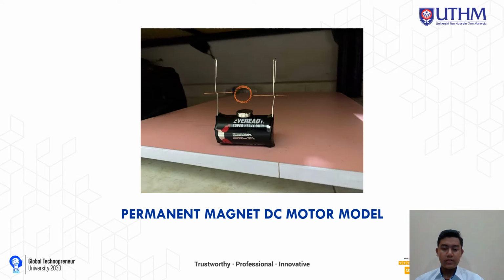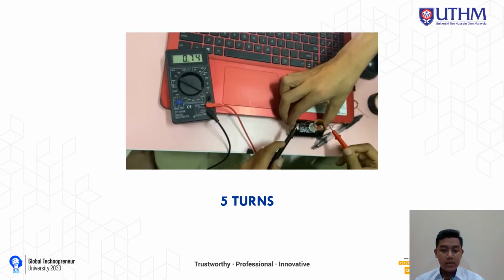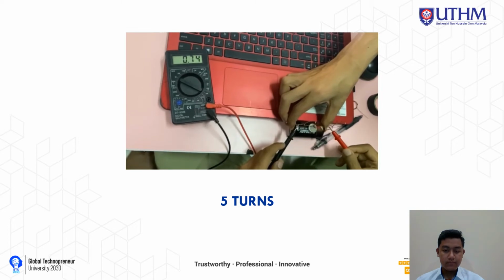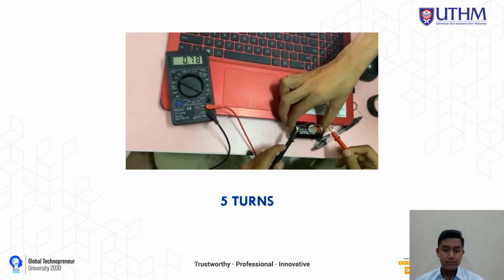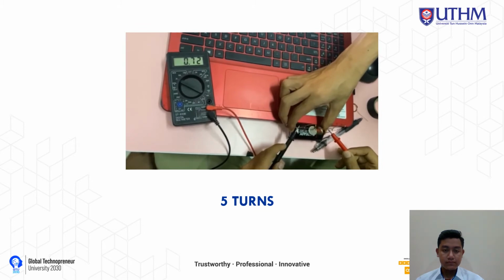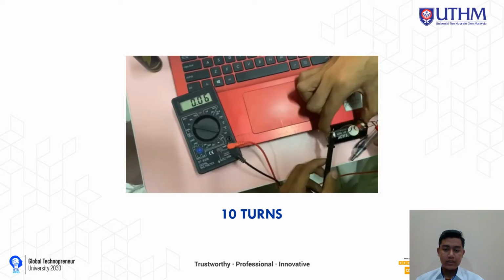And this is our final product. And we will calculate the current using the multimeter. And this is the result for the 5 turns. Next, this is the current for the 10 turns.